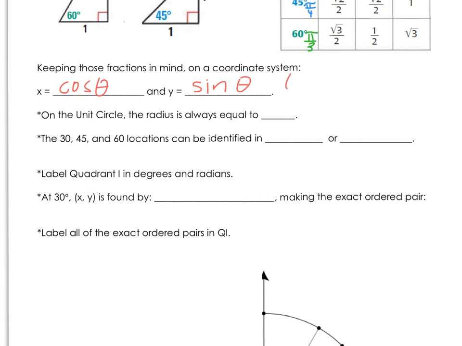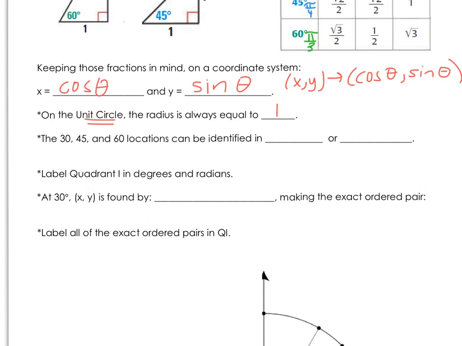This means any ordered pair can be found on the unit circle using the cosine and sine definition at that angle location. And this is true because on the unit circle, the radius is always equal to 1 unit.